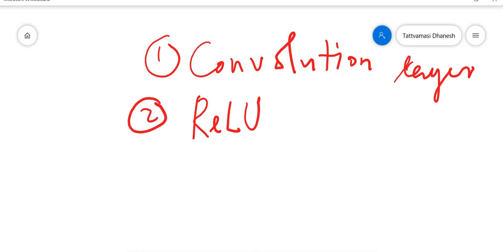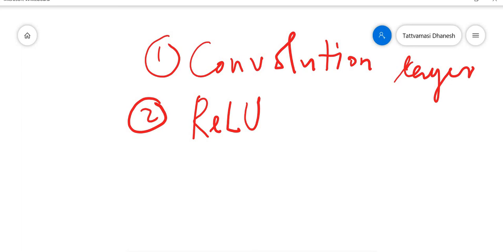Based on this activation function, it decides whether a node is activated or not. It determines the state of the particular node, the particular perceptron.